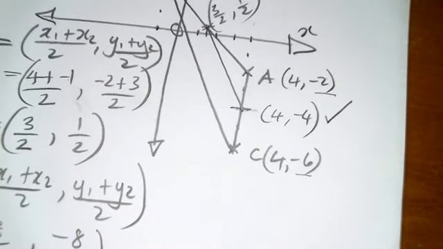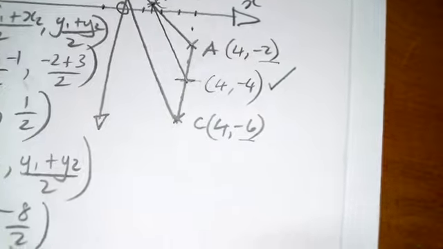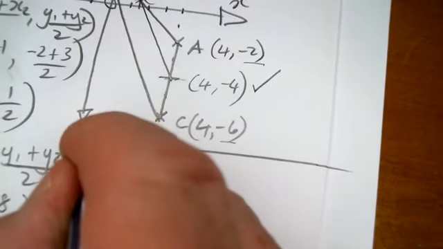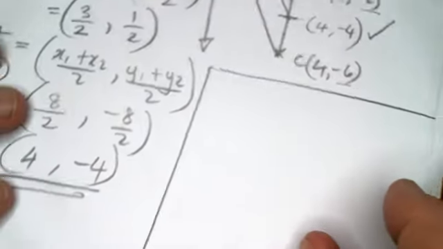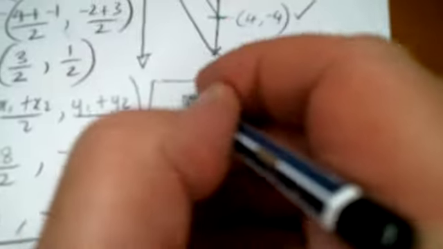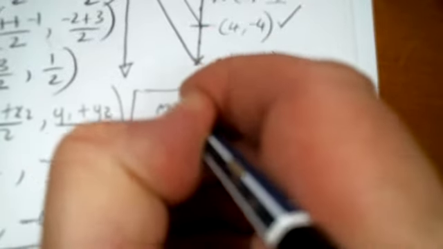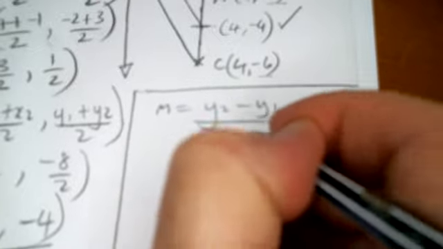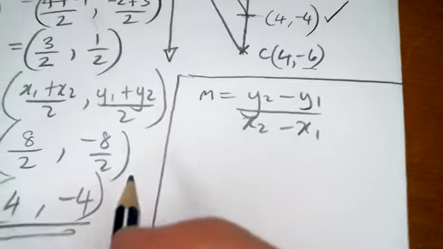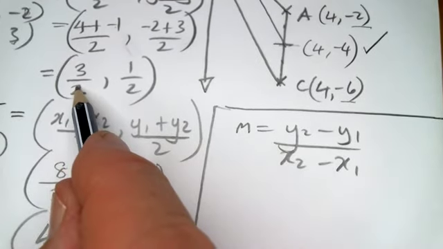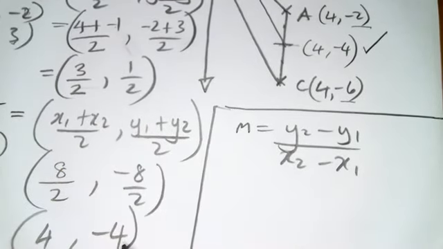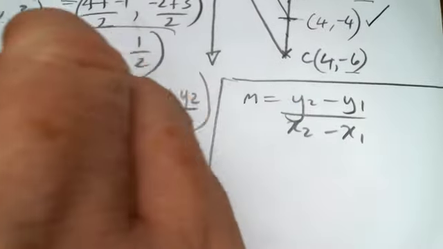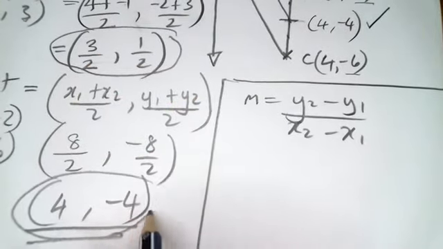So in this case, I'll do it down here, see if I can make some room. We're going to end up with the gradient equation. So m is y2 minus y1 over x2 minus x1. We've got our 2 points here, and the 2 points are here and here. So this is 1, this is the second one.